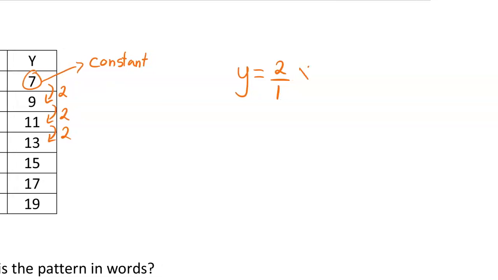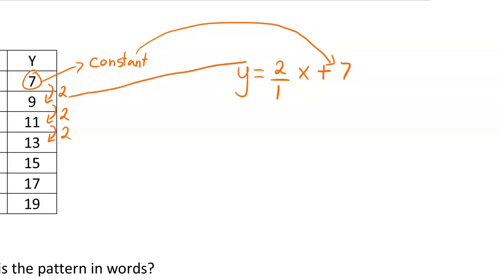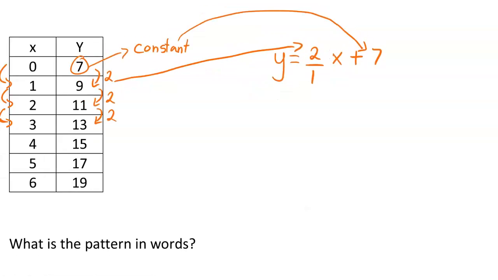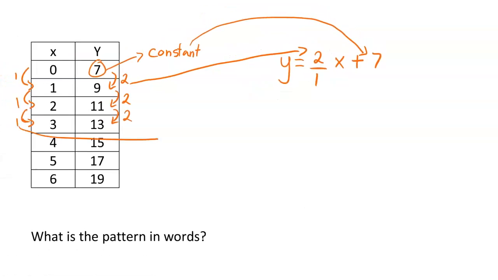Now we'll have our x, and then you're going to write your constant, so plus 7. So your constant will be the last part you write, and your rate of change will be on the top and on the bottom. So I have those arrows there to try and make that as clear as possible for you.